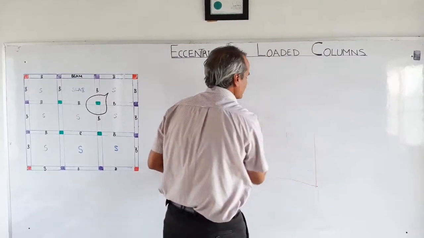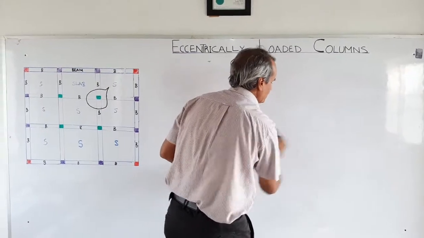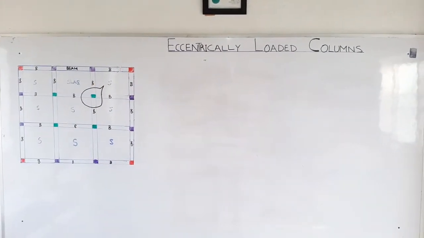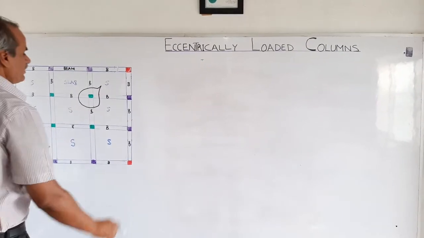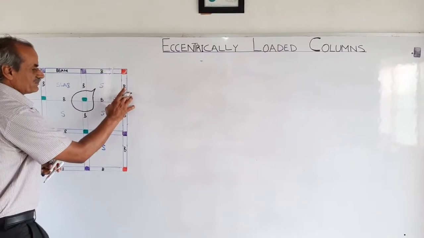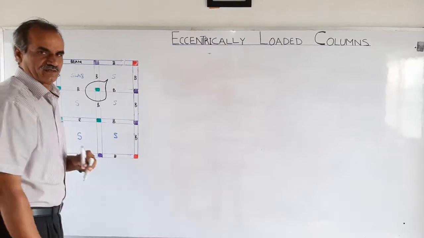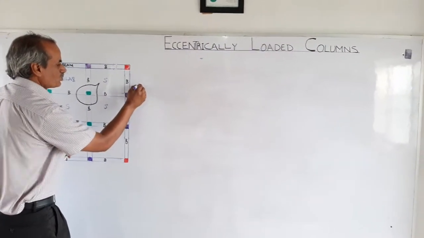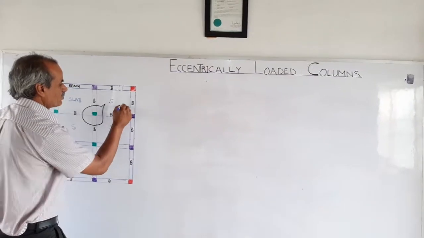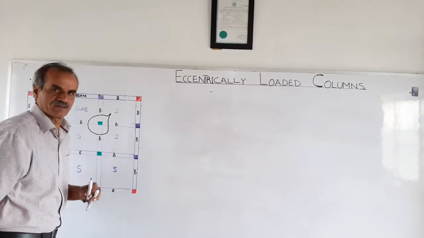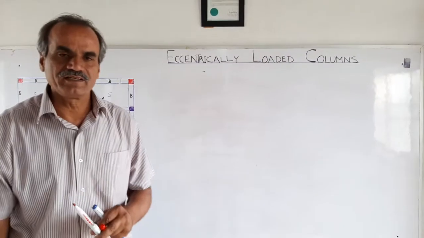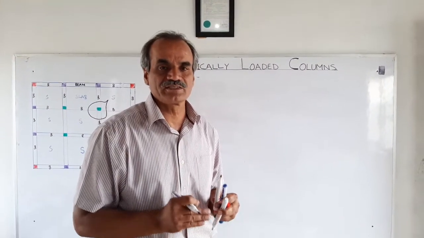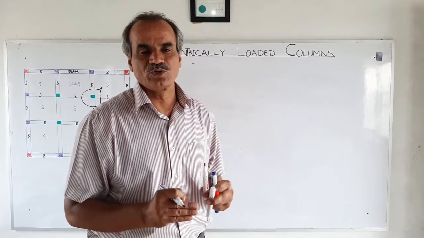The second category is that of the edge column, and before I start with the edge column, you need to concentrate on how it is loaded. Now the edge column has two quadrants empty and two quadrants loading this column. So it is quite likely that this will not be centrically loaded; rather, this will be an eccentrically loaded column.